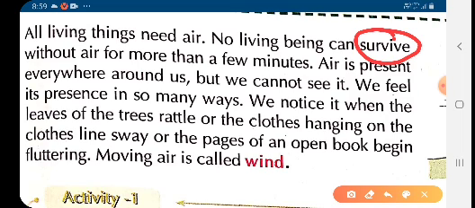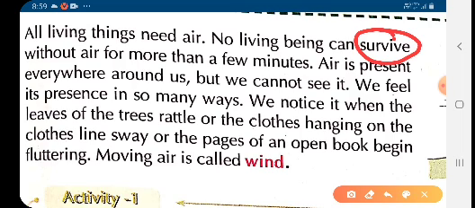Air is present everywhere around us. As we know, air is something which takes the space which is empty. We cannot see it, but if something is empty, we can realize it is occupied by air.